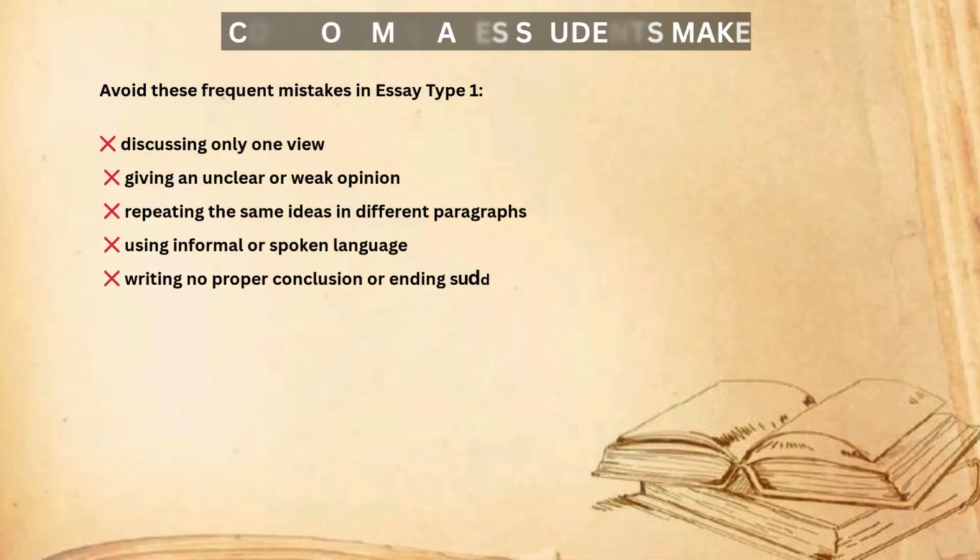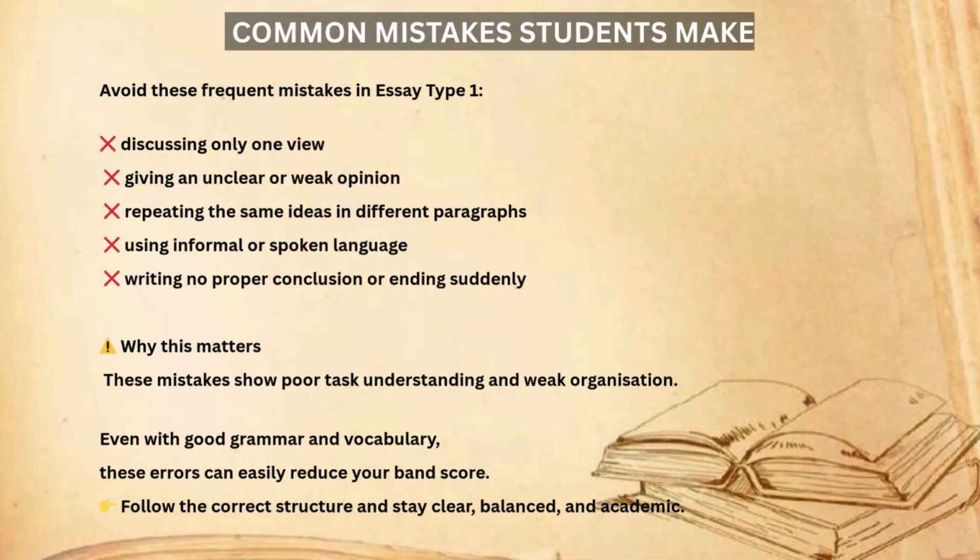Now let us talk about common mistakes students make. Many students discuss only one view, give an unclear opinion, repeat ideas, use informal language, or write no proper conclusion. These mistakes show poor task understanding.